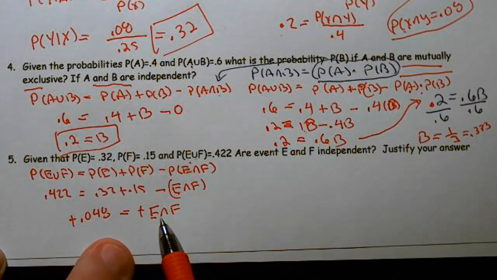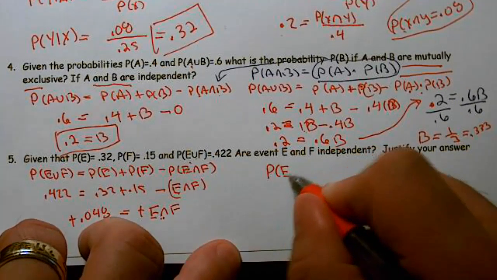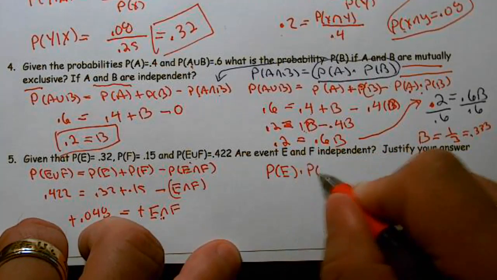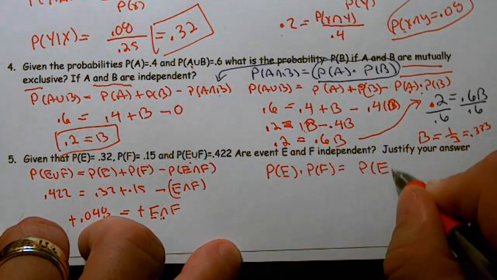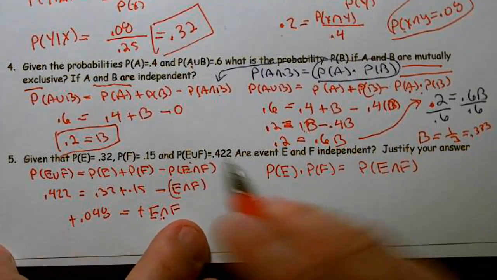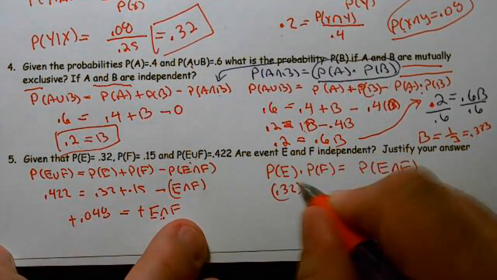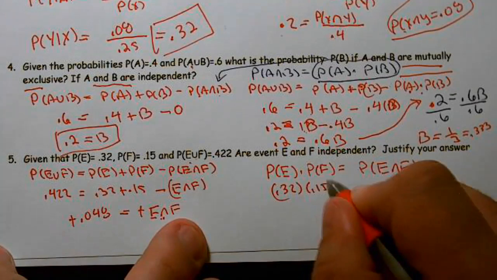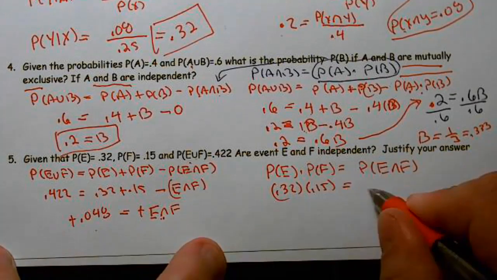So that's my intersection. It's like, oh, wait a second, I remember something. If they're independent, the probability of E times the probability of F will equal the probability of E and F. Well, we know E, we know F, and we now know E and F is 0.048.